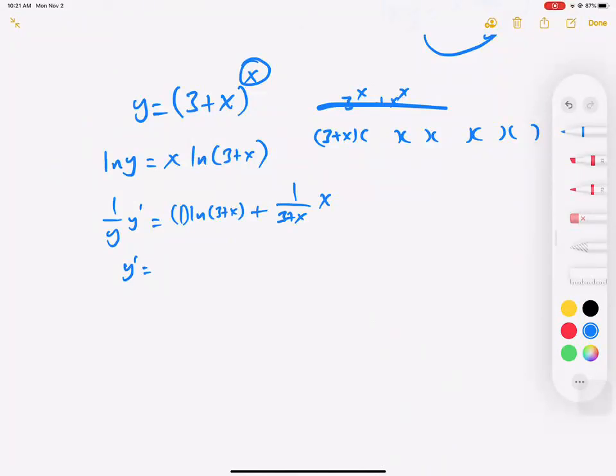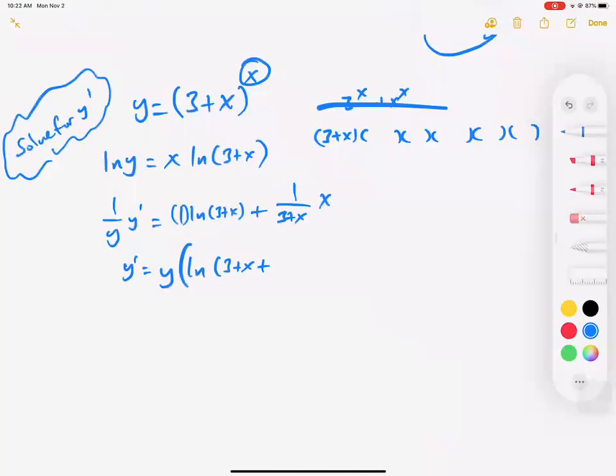If I solve for y prime, solve for y prime. y natural log of 3 plus x, don't forget the parentheses, plus 1 x over 3 plus x. Close it. And then we can replace this with the original 3 plus x to the x power.